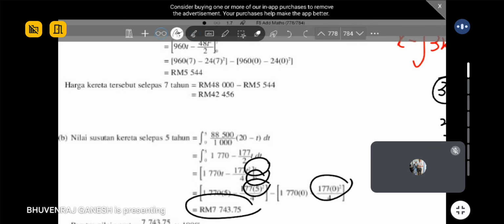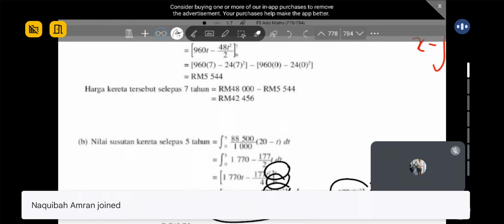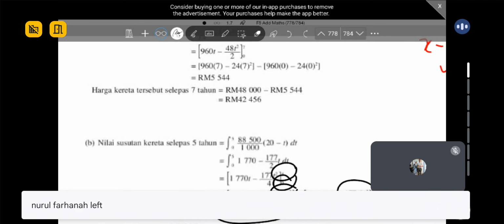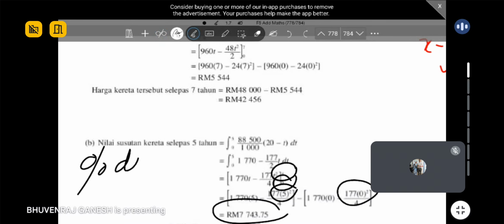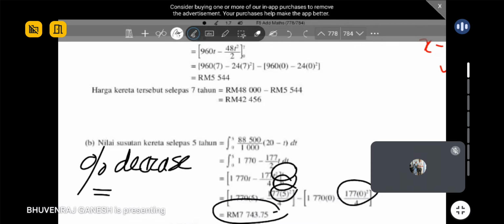Okay. So second step, you must count the percentage. So, guys, how do we count percentage? They want you to count the percentage of decrease, the percentage decrease in the car's price. So how do we calculate? This is the value it decreased, how much it decreased.